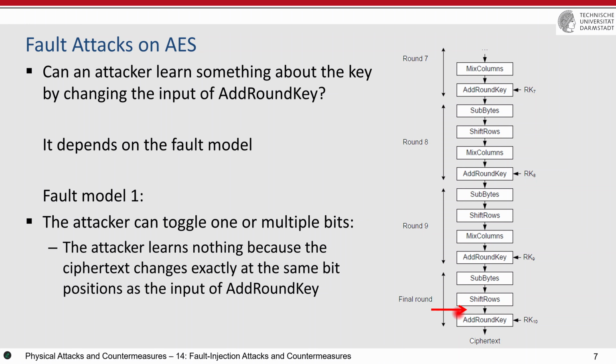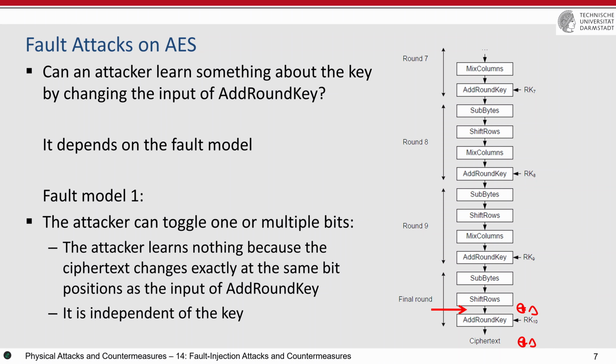It means that if you inject a fault with a toggle model at the first bit of the input of the add round key, exactly the first bit of the ciphertext will also toggle, completely independent of the key. Because it's again linear, and if I have an XOR delta here, exactly the same XOR with delta shows up at the output of the ciphertext.